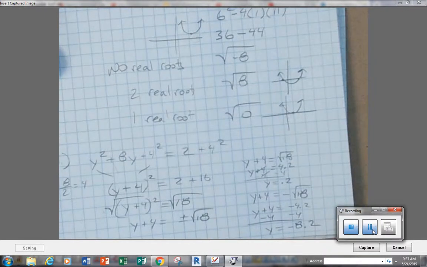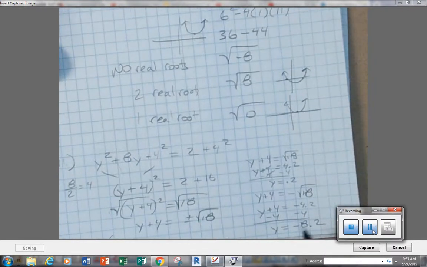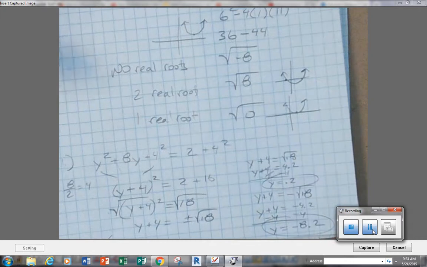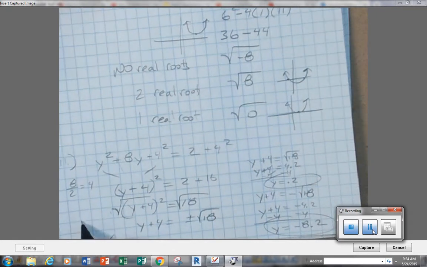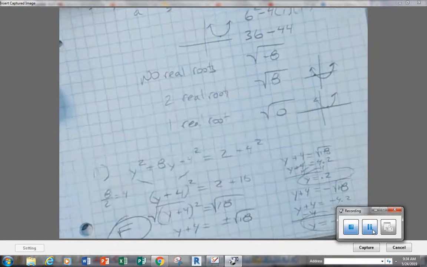It looks like the closest answer to that one would be F, which has positive 0.2, negative 0.82. The other ones are close. G is close, but it has positive 8.2 and it's not positive. So it's not G. H and J are a little bit off. This one's going to be F for number 11.